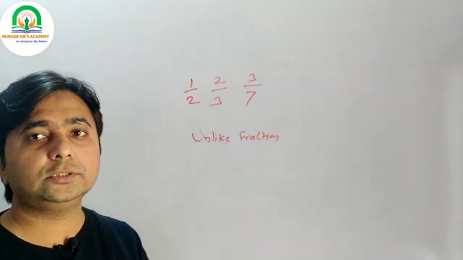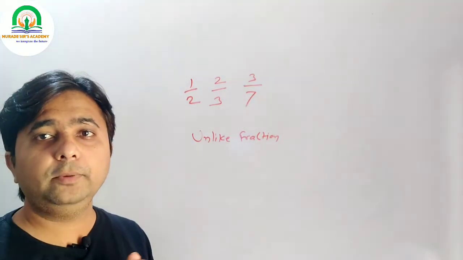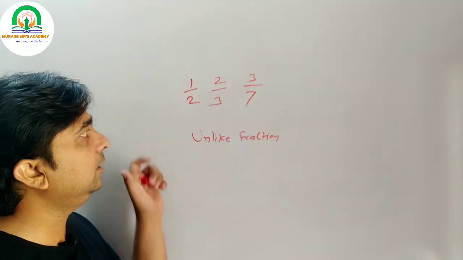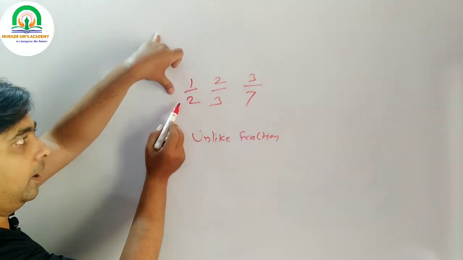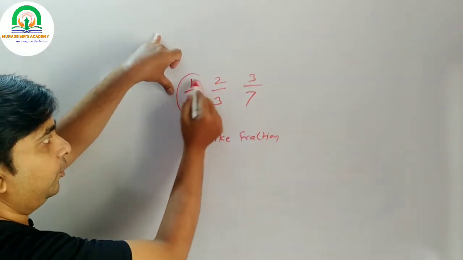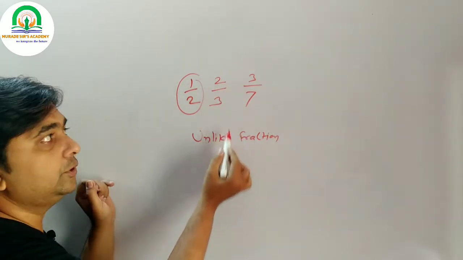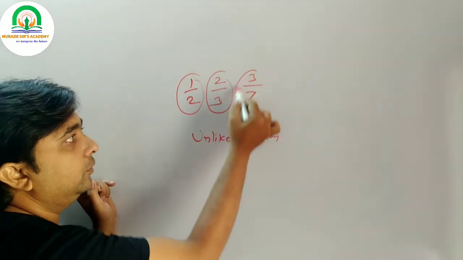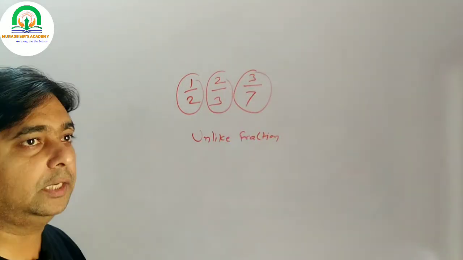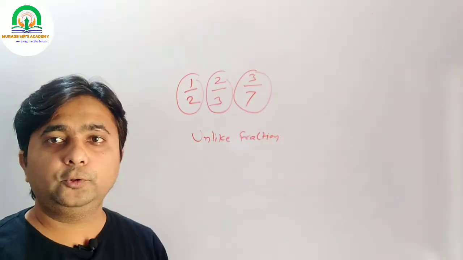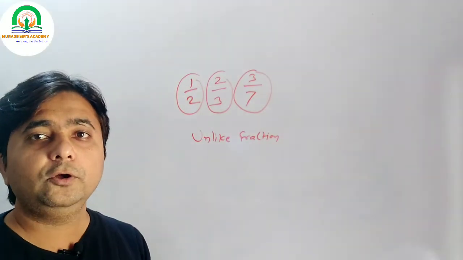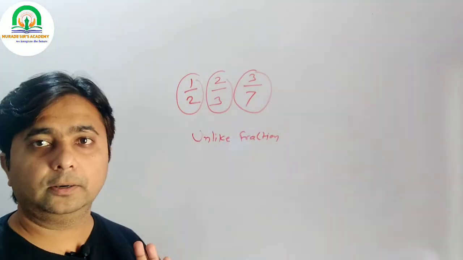Because the denominator is not the same. It means I took the half portion from 1, the 1/3 portion from 2, and the 7th portion from 3. I took different portions from different numbers.